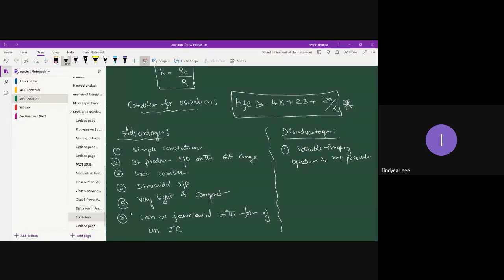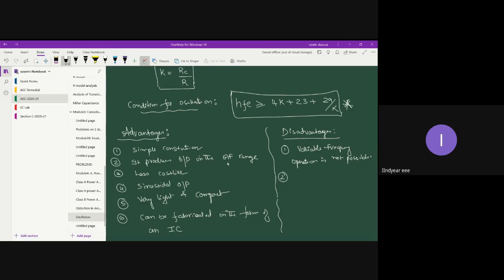That means you have to simultaneously vary the 3 capacitance values, or the 3 resistance values. Variation of 3 elements simultaneously is impossible to achieve. That's why it is considered a fixed frequency oscillator circuit. Hence, variable frequency is not achievable. That's the first disadvantage.